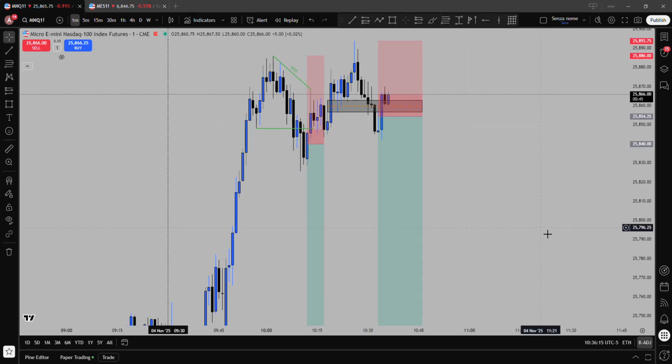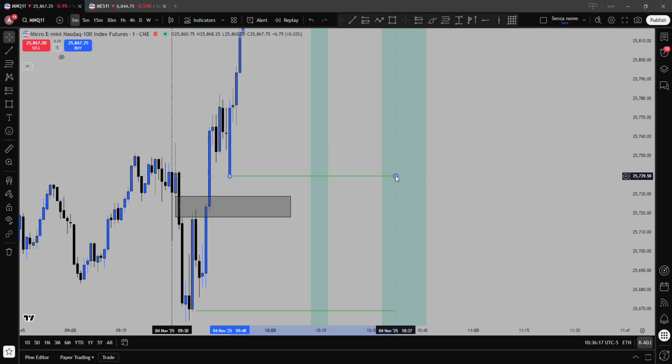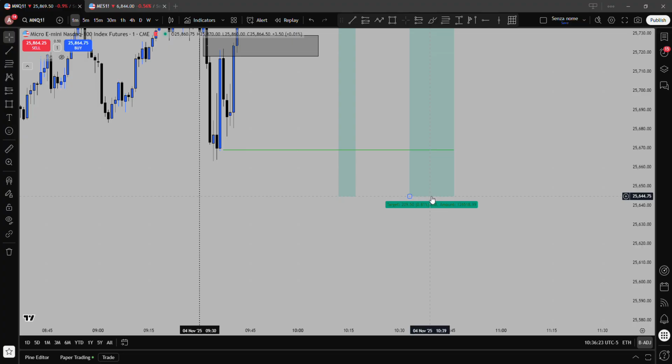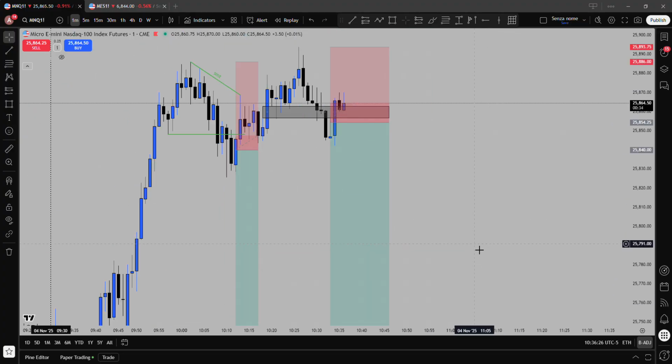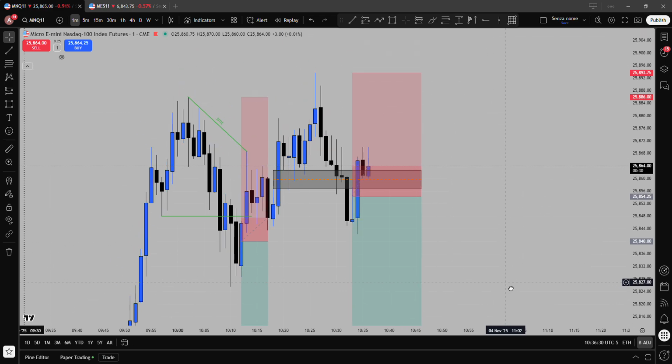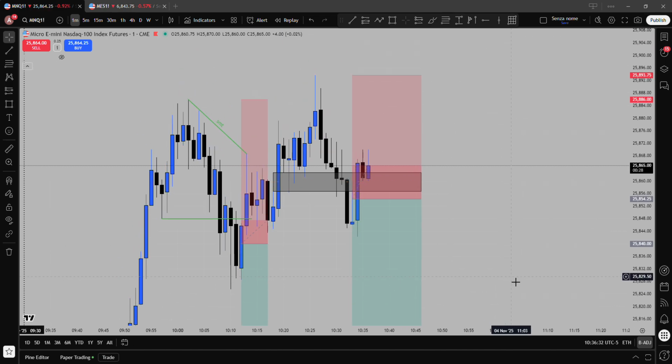So yeah, we got 3 contracts here, 2 contracts here, and the other 2 here. We have 7 contracts in total. So let's hope for the best and let's just wait.